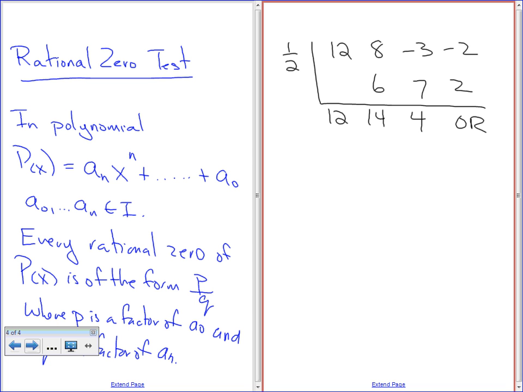So when I used 1/2 as my a value, what binomial was I dividing through by? No, because remember it has to be in standard form.